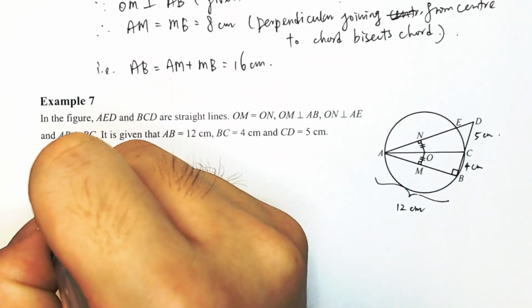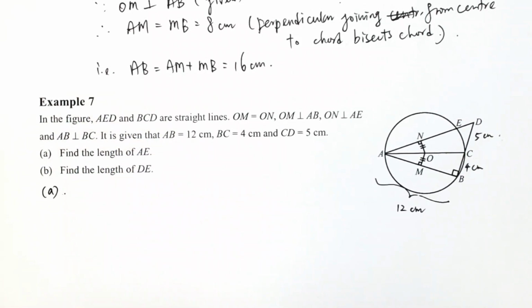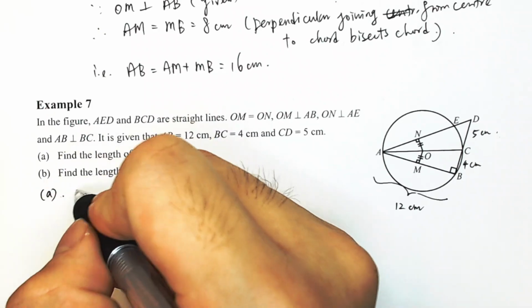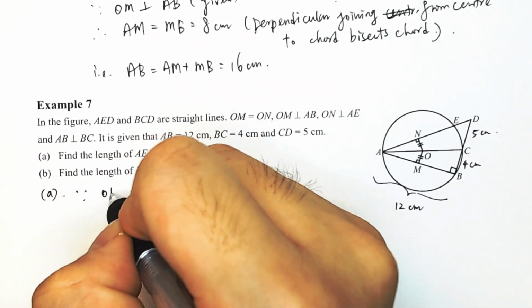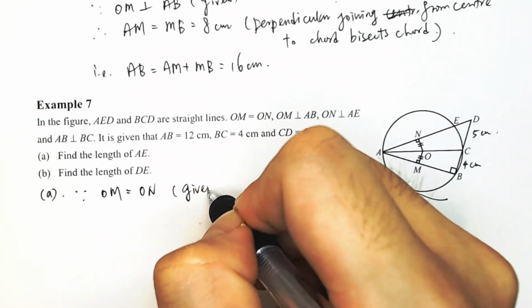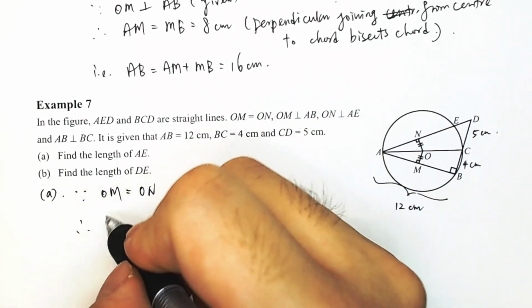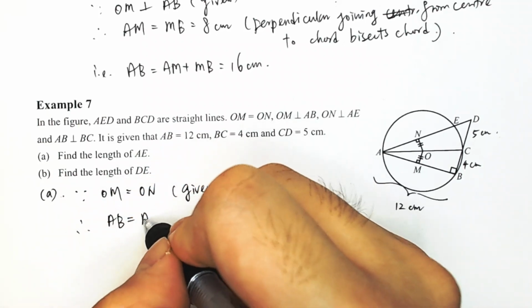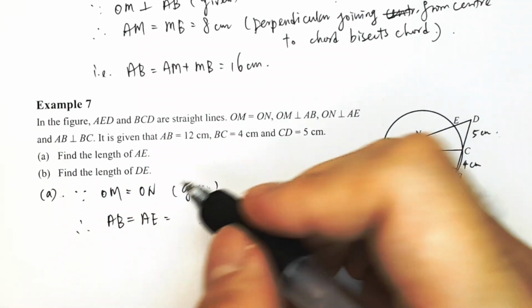And so for part A, we don't need this kind of length first, except this 12 cm. Now, since OM is ON, which is given, then AB equals AE equals 12 cm.